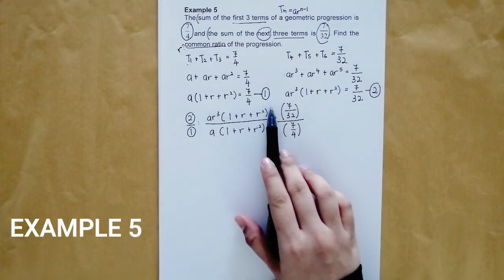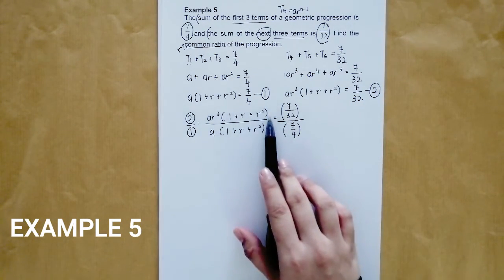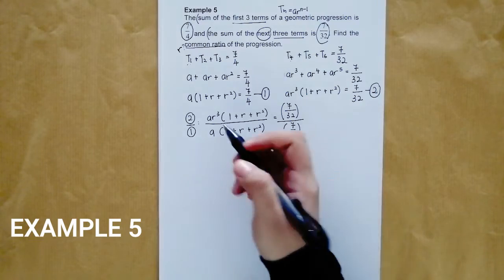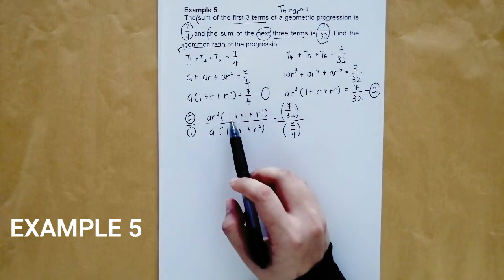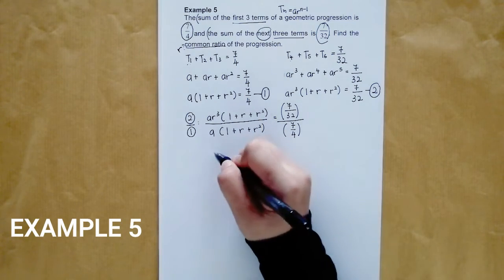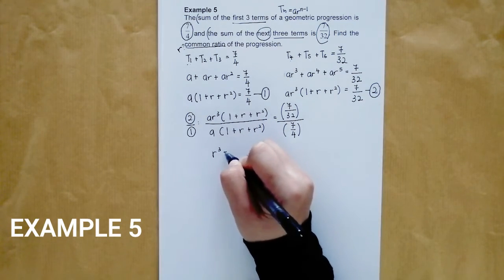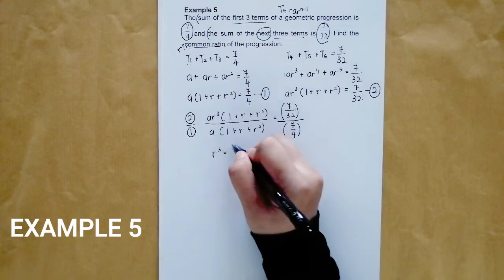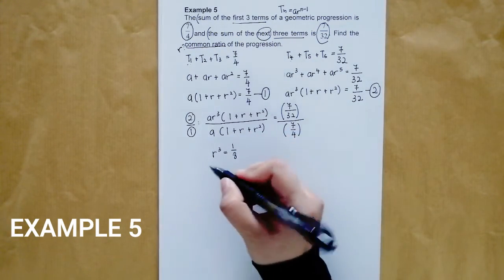Okay, for this part, we can simplify it by canceling A, and we can cancel 1 plus R plus R squared. So we get R cubed equal to, okay, this part you will get 1 over 8.